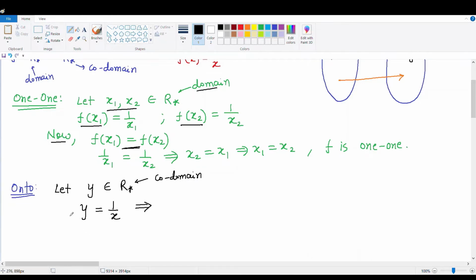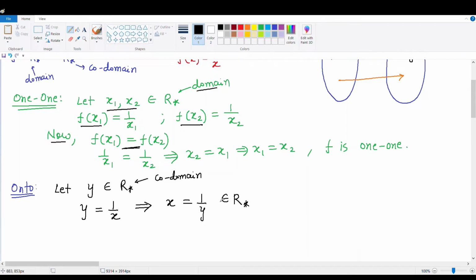Now when you get y equals 1 over x, I want you to solve this equation. Right now it is solved for y. I want you to solve it for x. If you solve this equation for x, you are going to get x equals 1 over y. And does this belong to R? It actually belongs to R star. Why? Because y cannot be 0. R star does not have 0 in it, because it contains all non-zero real numbers.